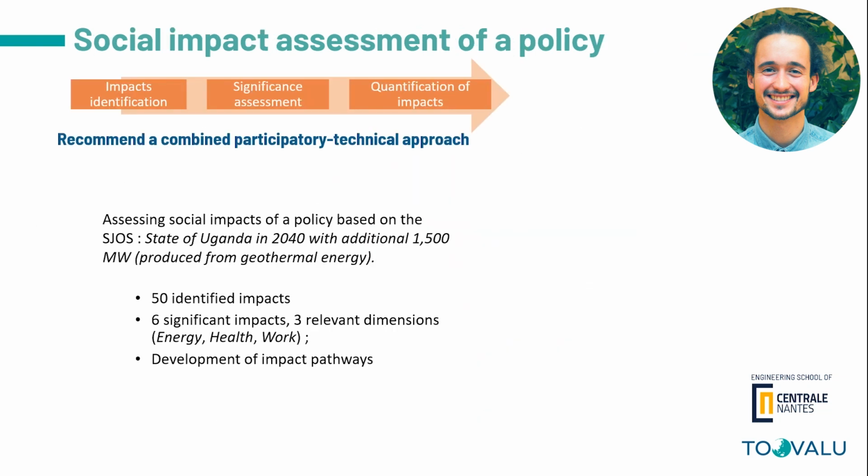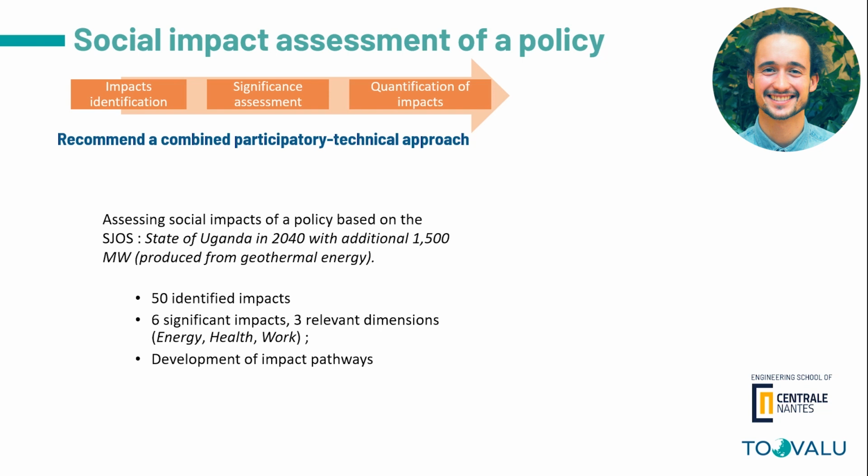So now that we assessed the social state of our system, so Uganda, on an absolute scale, we need to assess the social impact of the policy on that system. So to do that, we developed a three-step process, starting with impact identification, then conducting a significance assessment, and then for the significant impact, the quantification.